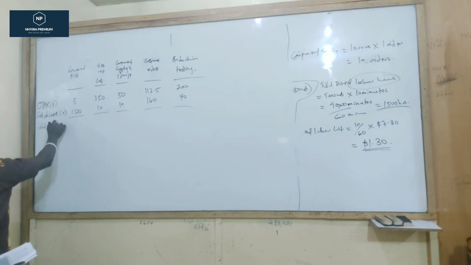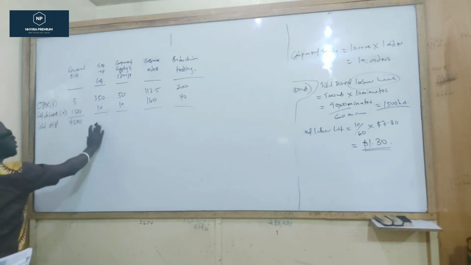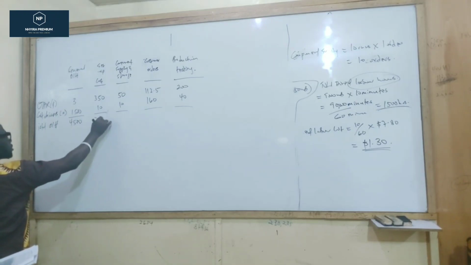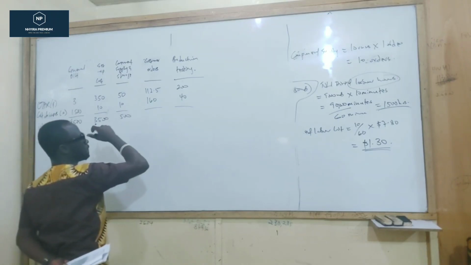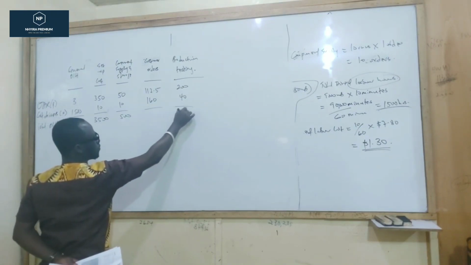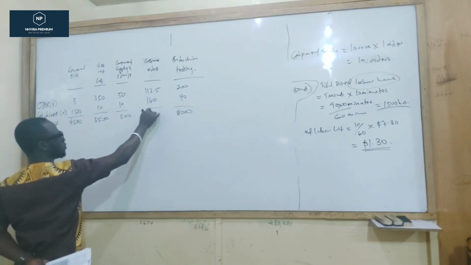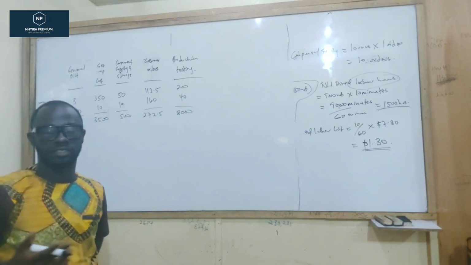Can I have answers? 4,500. 3,500. 500. 272.5. So these are our total overheads.